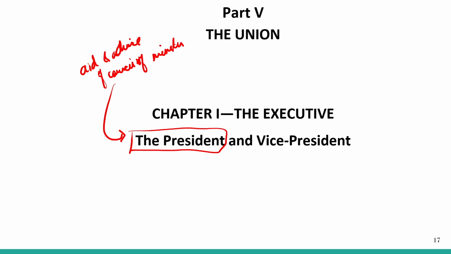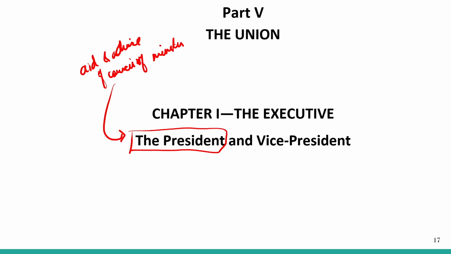And I will try to explain to you the importance of part 5 and how, once you retain this information, it is going to be very helpful for you, not only in your CLAT examination, but also during your college career.